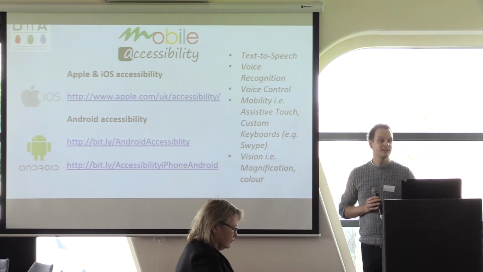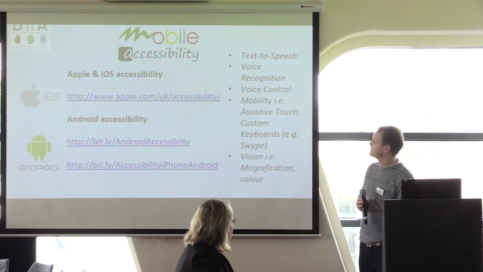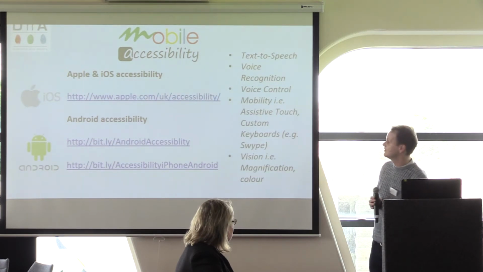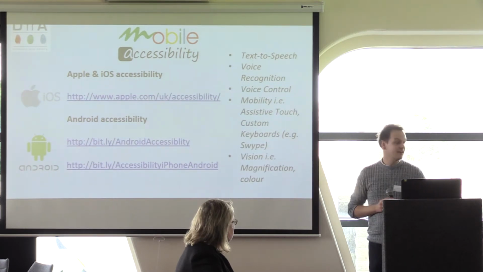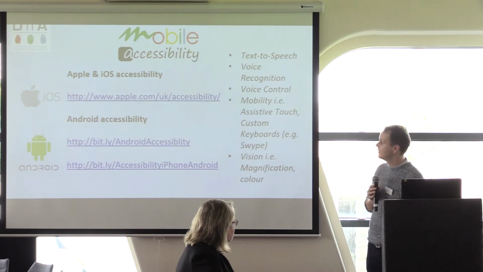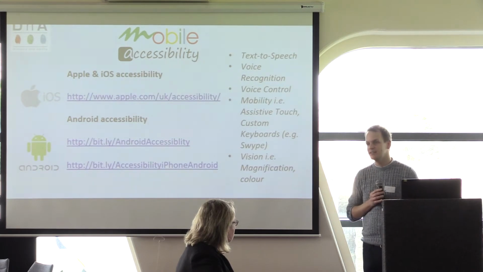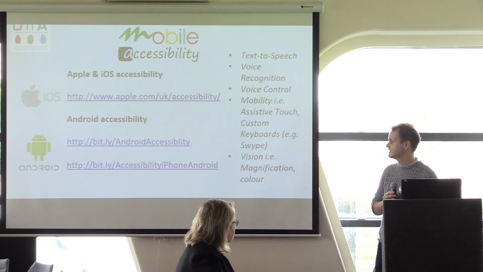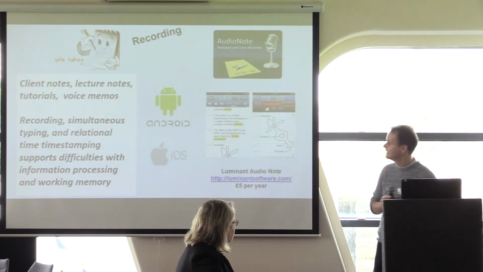Text-to-speech, voice recognition, voice control, vision. There's even color changing now on iPhone. So it's worth looking first of all at what's actually built into these devices, because there's huge amounts of accessibility built into devices.